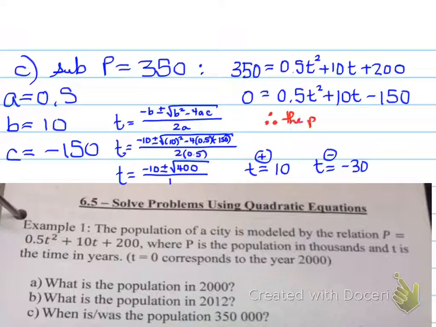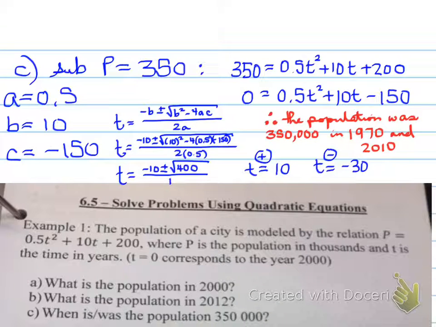What does that mean? Well, that means that the population was 350,000 in what years? Let's see. 10 more from 2000 and 30 less from 2000. So in 1970 and in 2010 the population was 350,000.